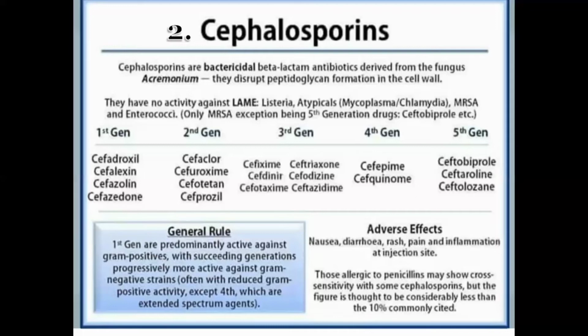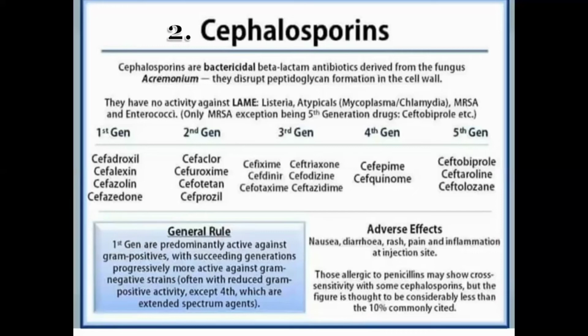So it is vice versa. While you are moving from first to fifth, you are increasing the gram-negative activity. While you are moving from the fifth to the first, you are increasing activity towards the gram-positive bacteria.